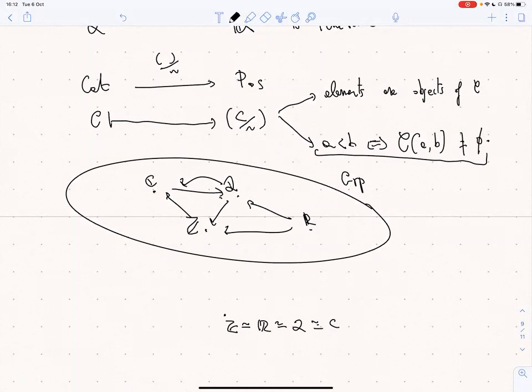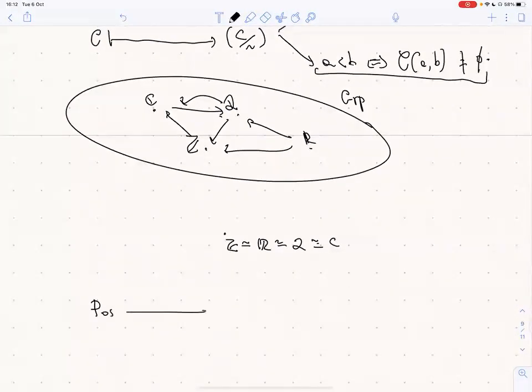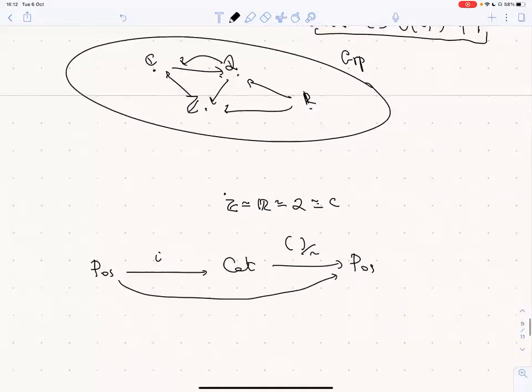Though, if you apply this construction, if you take this composition, so you take this quotienting construction here, and here you just take I, what you get here is more or less, and I will say what it means to be more or less, this is more or less the identity of Pos.